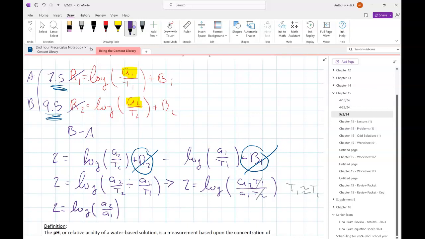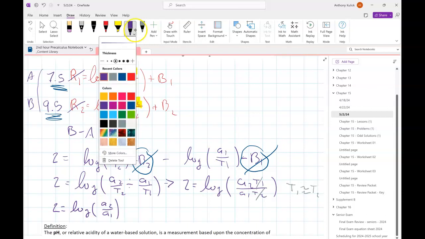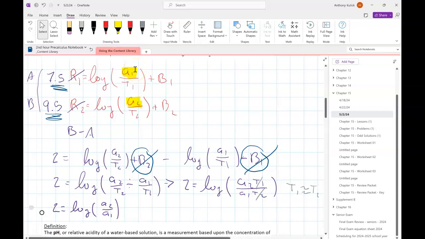So now I have this: 2 is equal to log of A2 over A1. How do I get rid of the log there? It's going to cancel out the log. So yes, that's log base 10.